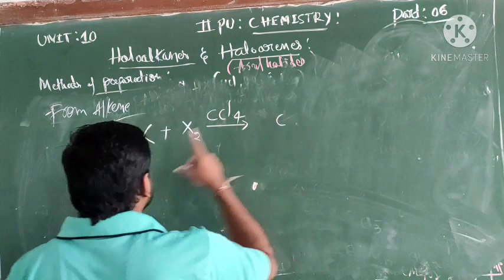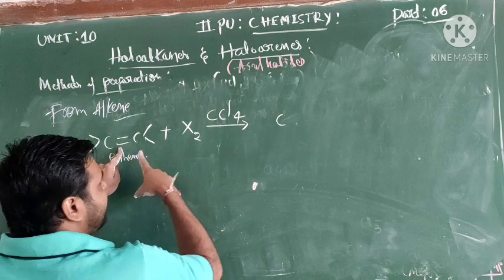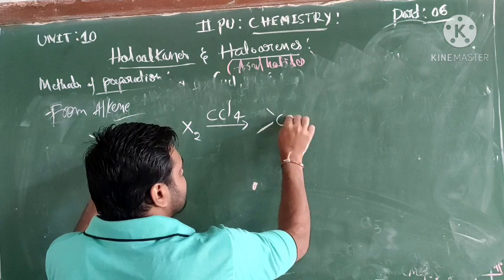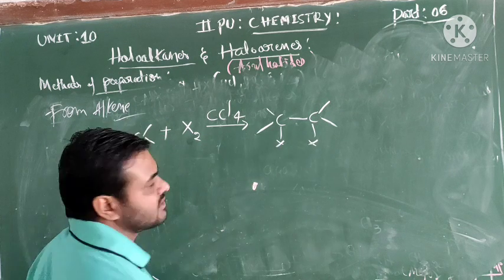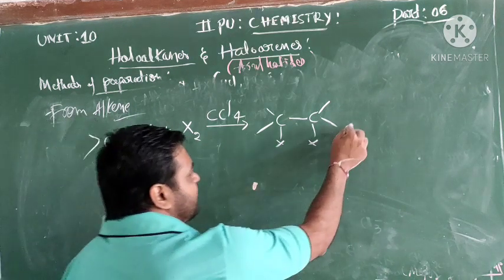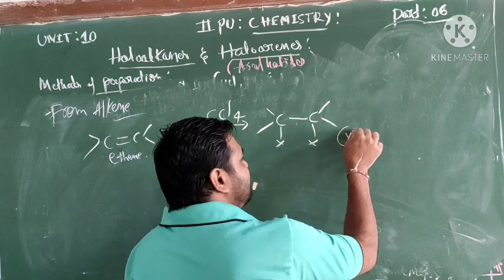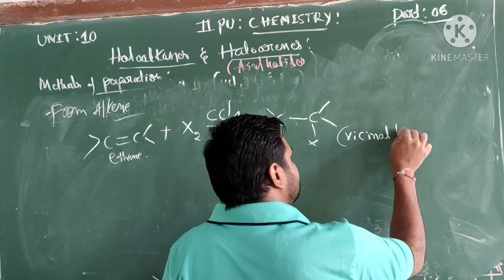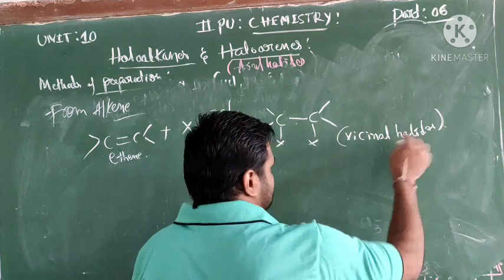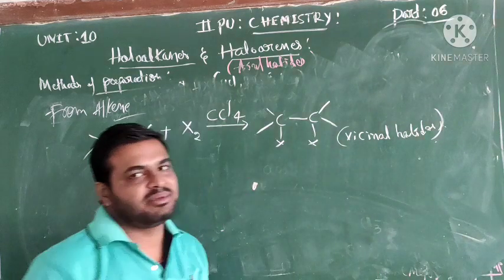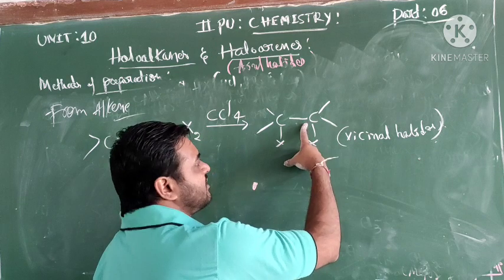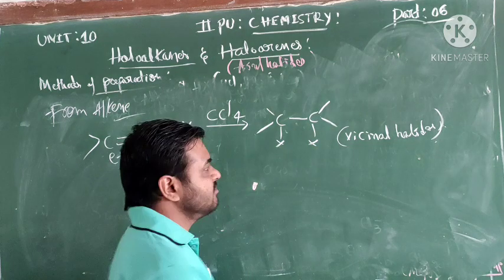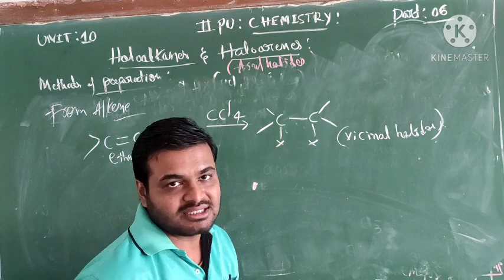The carbon-carbon double bond breaks down, forming a single bond with one X on each carbon. Okay, this is called what? Vicinal halides. Already we discussed this in the previous classes. Vicinal halides means adjacent: the adjacent carbon atoms carry the two halogen atoms.